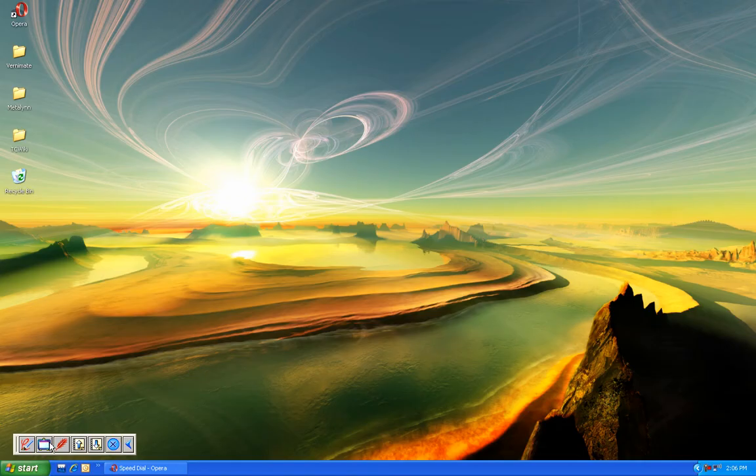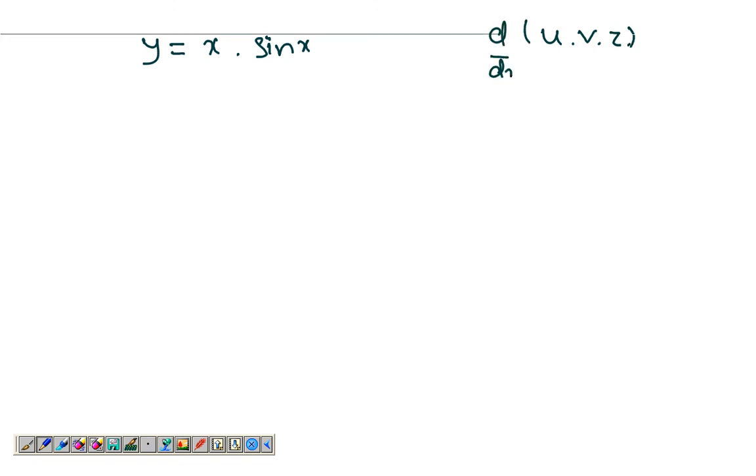Let's take another example. Now let's say we have three functions as products. So we have u times v times say z, and want to find d by dx. And let's say another function like e to the power x. Okay, e to the x. So the rule for this is just an extension of the previous one.